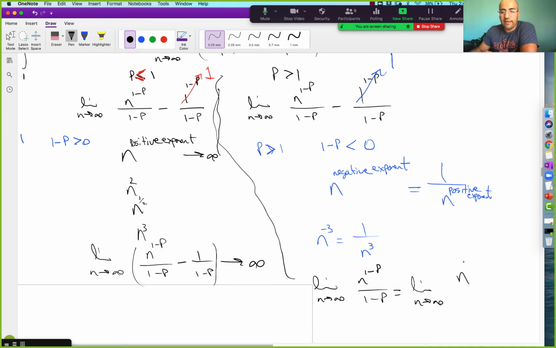I'll just put the negative exponent over 1 minus p. And so this whole thing goes to 0 as n goes to infinity. And then we'll be left with some constant.